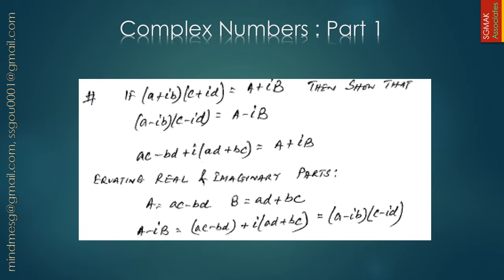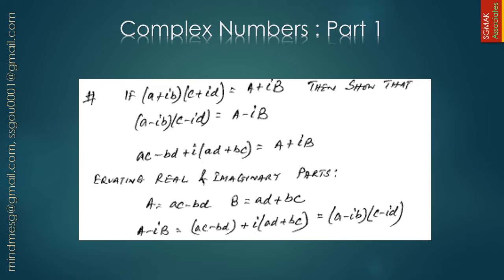Problem: if (a plus ib) times (c plus id) equals capital A plus i times capital B, then show that (a minus ib) multiplied by (c minus id) equals capital A minus i times capital B. Again, you take what's given, then equate real and imaginary parts, and separate out the values of A and B. So from the first equation we get (ac minus bd) plus i times (ad plus bc) equals A plus iB.